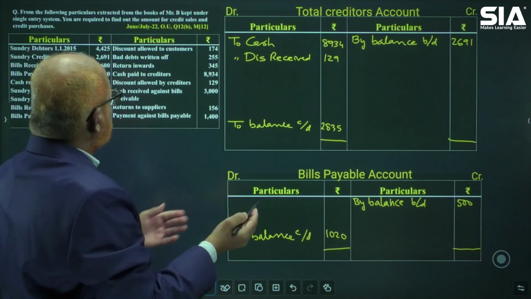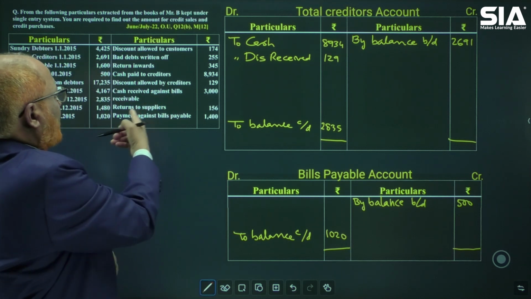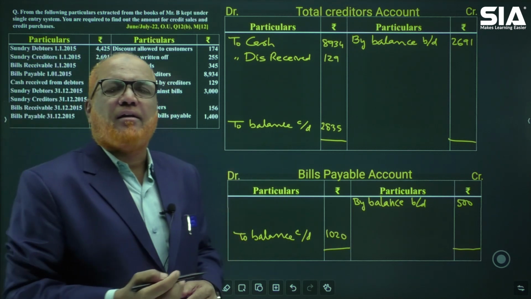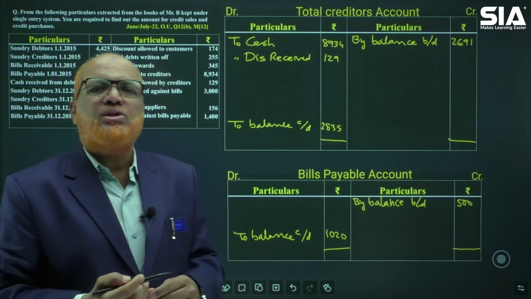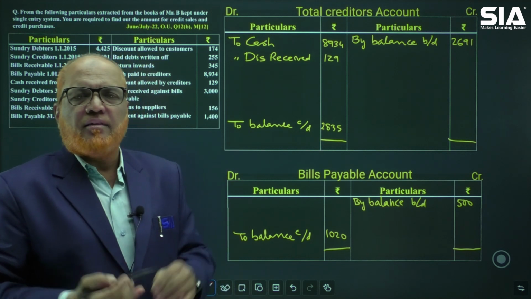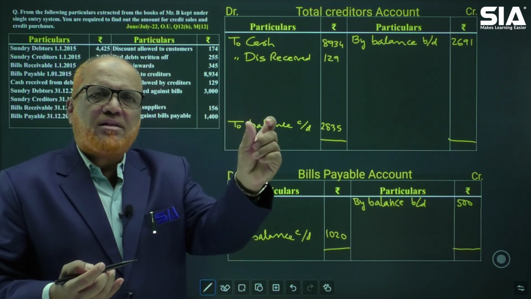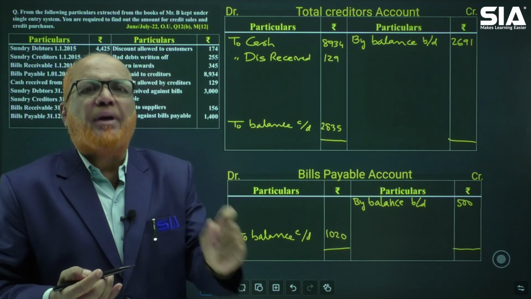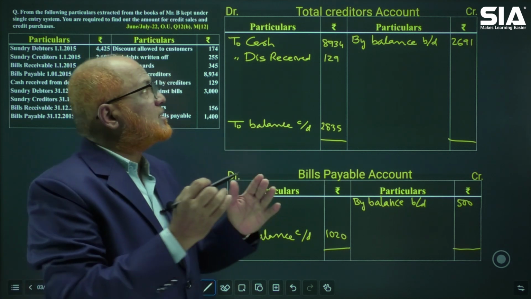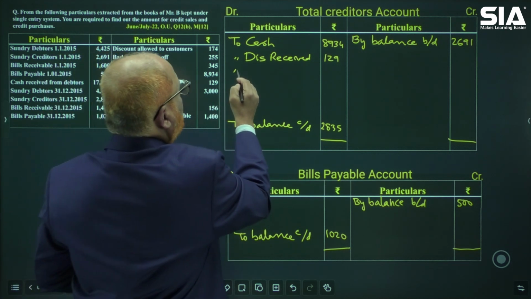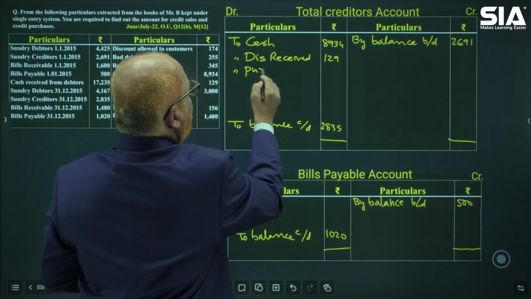Then cash received against bills receivable is already over. Return to supplier means purchase return. The entry will be creditors account debit to purchase return. So creditors account should be debited to purchase return.